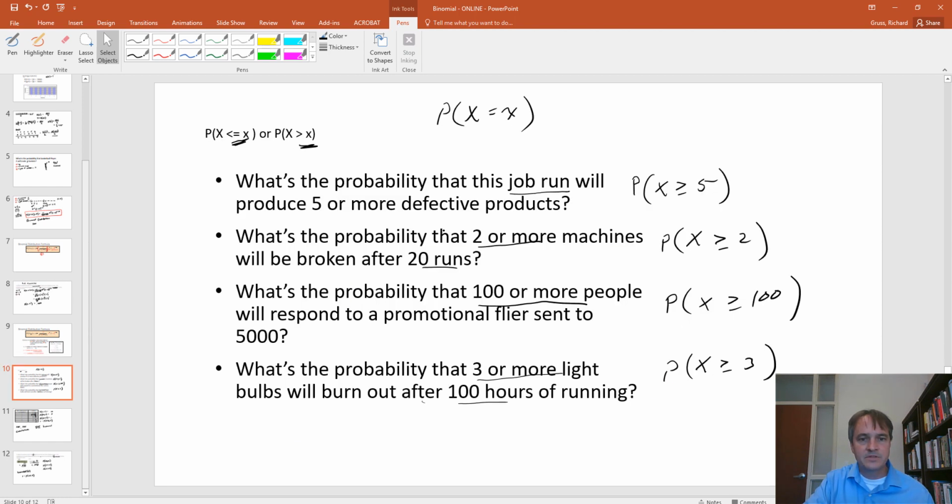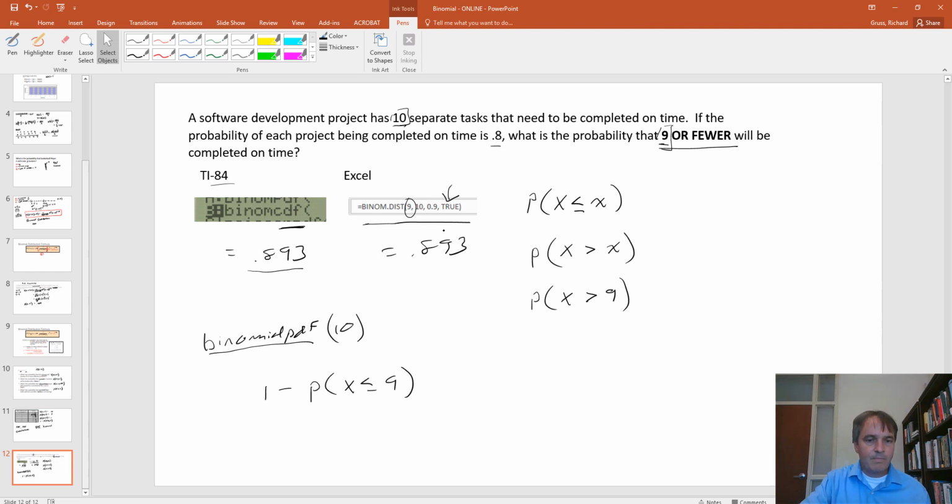So one more thing that I want to say about the binomial distribution is to think about what its expected value would be. Given that we have 10 separate tasks and our probability is 0.8, what number would you expect to see succeed?